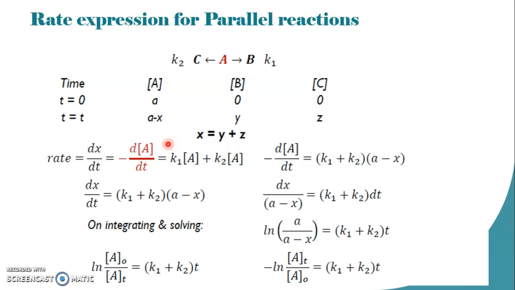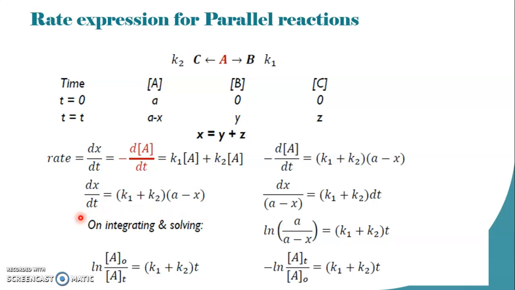After time t, the concentration of A is A minus X, so minus dA by dt is equal to K1 plus K2 into A minus X, taking A as the common factor. So the rate expression becomes dx by dt is equal to K1 plus K2 into A minus X.